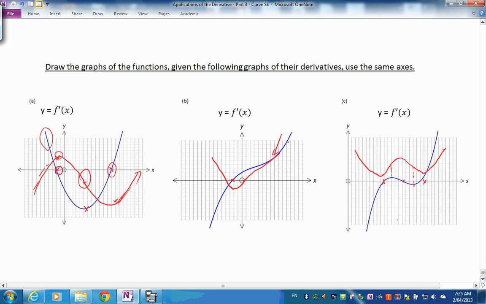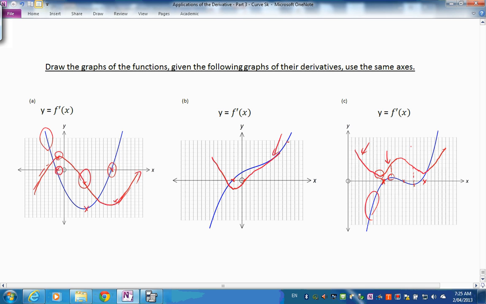The one down the end here, 0 will be a minimum because here the slopes of the tangents are negative, so that's the function here. Then the maximum value of the slope of the tangent there is that point, so that's got to be our point of inflection.